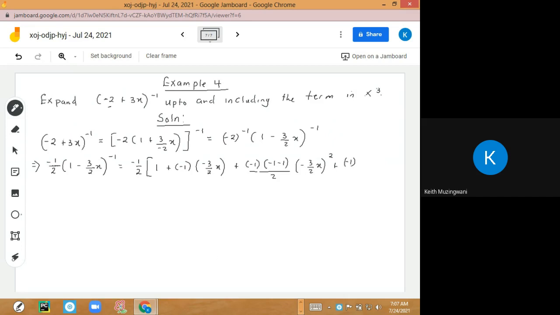So because of space, I'll calculate negative 1 minus 1 is negative 2, and negative 1 minus 2 is negative 3. Everything over 3 factorial, which is 3 by 2, and then negative 3 over 2x to the power 3.